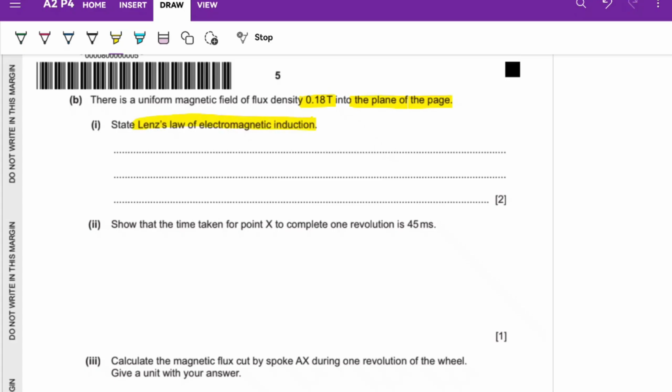So this is a definition that ideally you should know before going to the exam hall. So what is the definition?